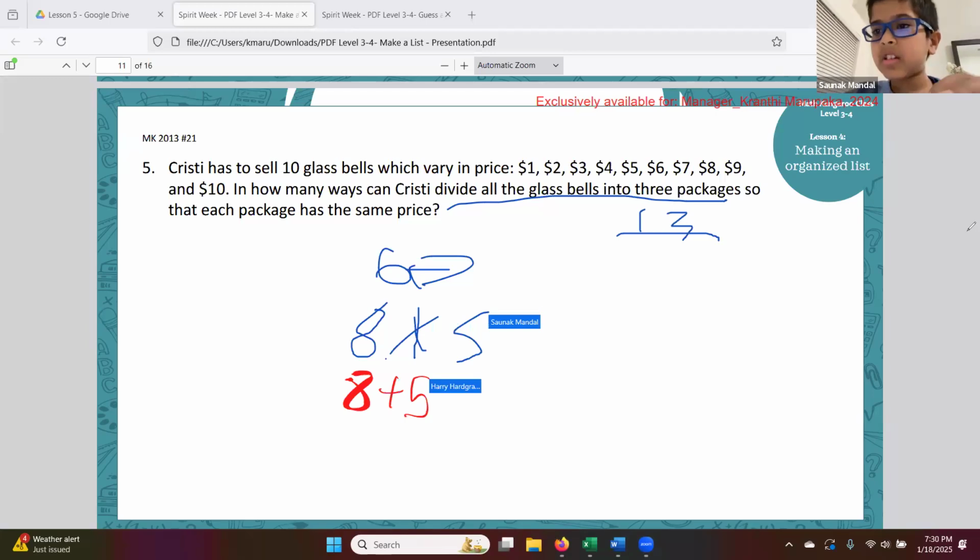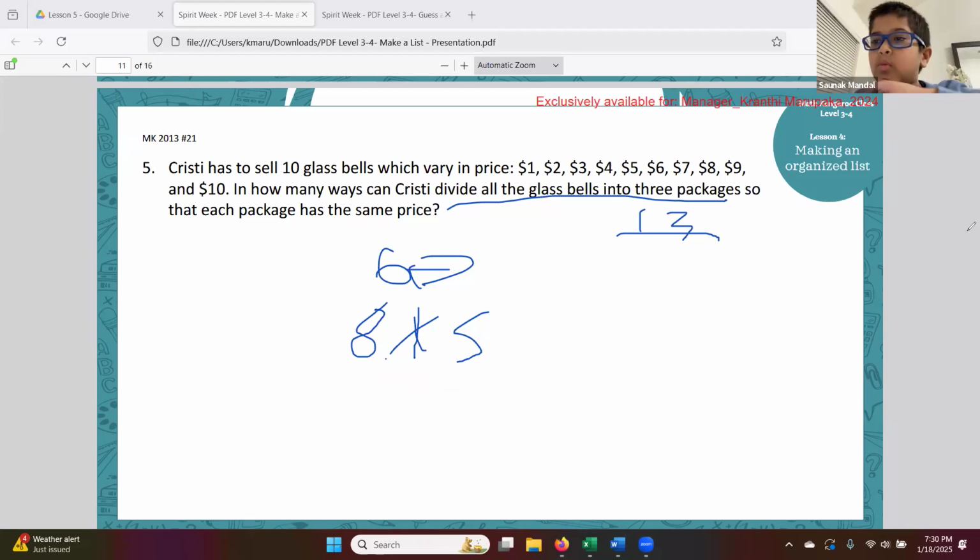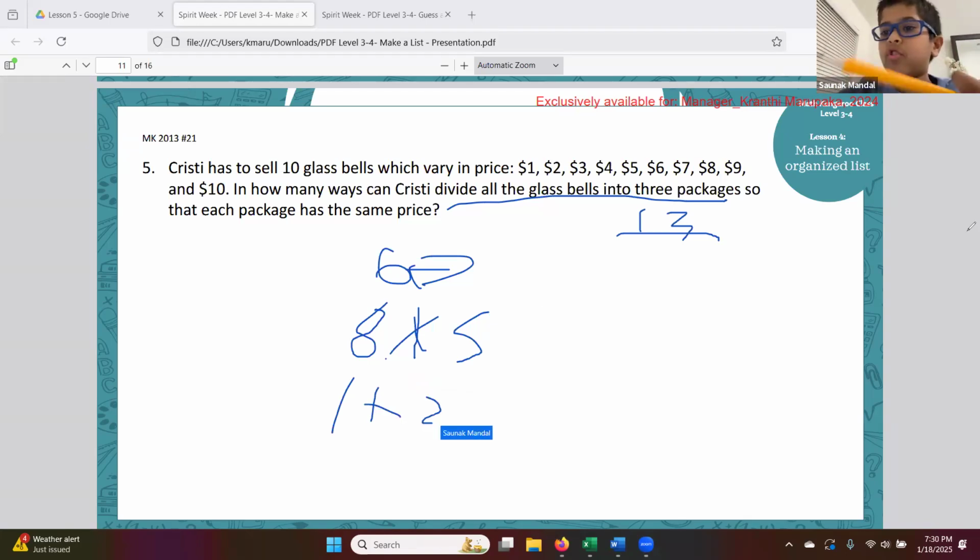I got that. And then the remaining ones would be 1 plus 2 plus 3, but if you add all of them up it should be 13, so we don't have to calculate this last one. So that's one possibility.